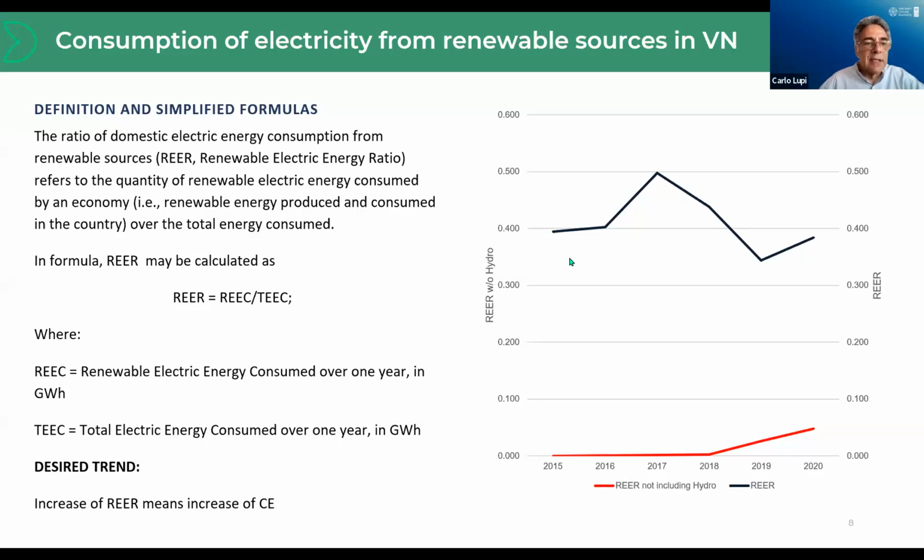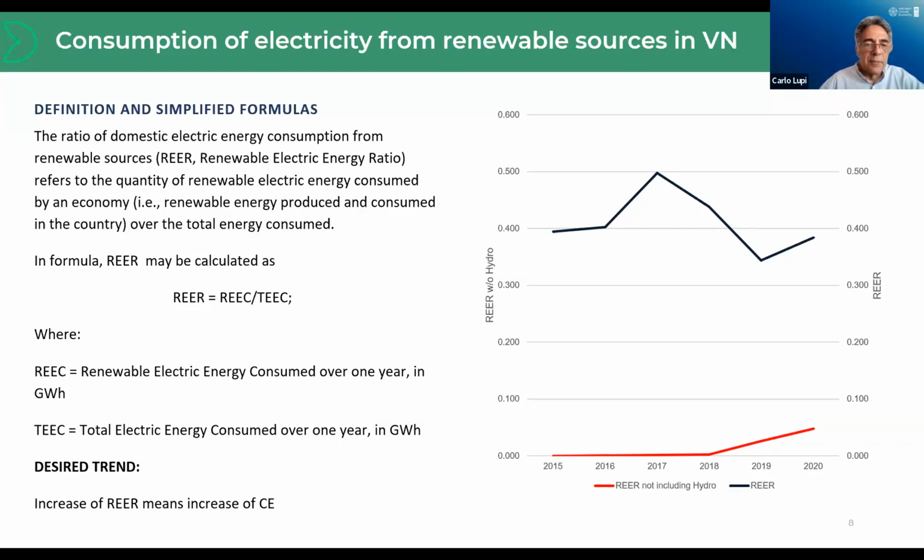For instance, I saw that indicator listed also under the presentation of Mr. Botani, the ratio of renewable electric energy, which is the renewable energy consumed over the total energy consumed in a country.